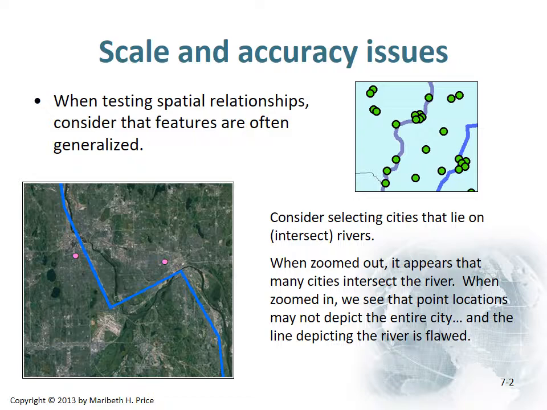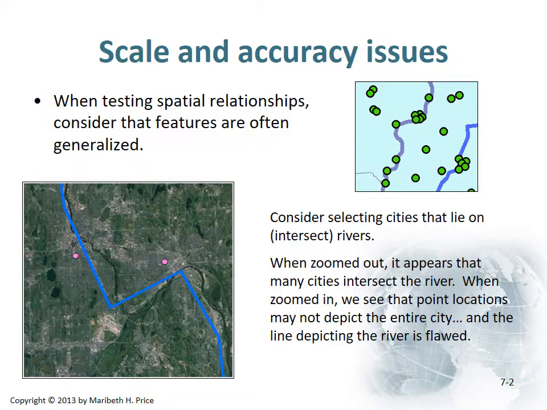Recall from earlier lectures that information in our data sets quite often is generalized, and that can create problems and issues when we're considering looking at things at different scales, and whether our information, again, actually is being truthful, precise, and accurate as to locations of features in space.